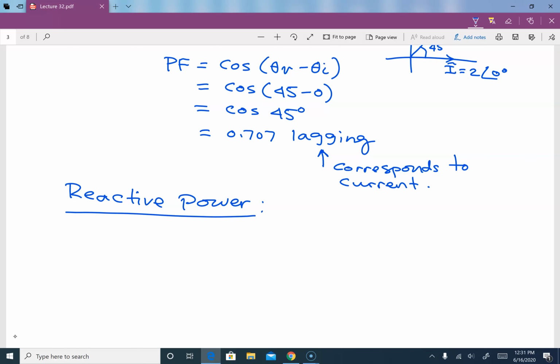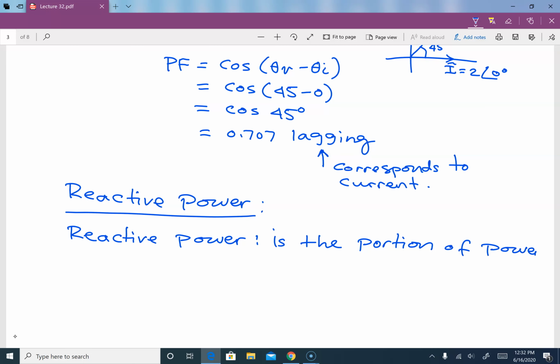Reactive power can be defined as the portion of power that flows into the load, then back out.